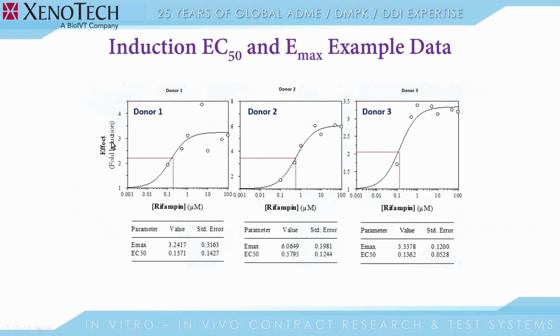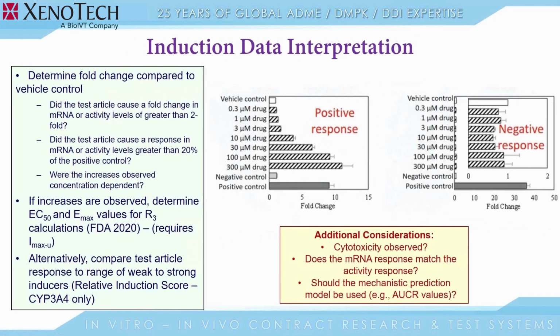So here we're looking at the fold change with respect to the concentration of drug. And as you can see, as the concentration of drug increases, we see an increase in the fold change, or increase in induction of the particular enzyme. So by plotting the data this way and then fitting a line to it, we're able to estimate the Emax and EC50.